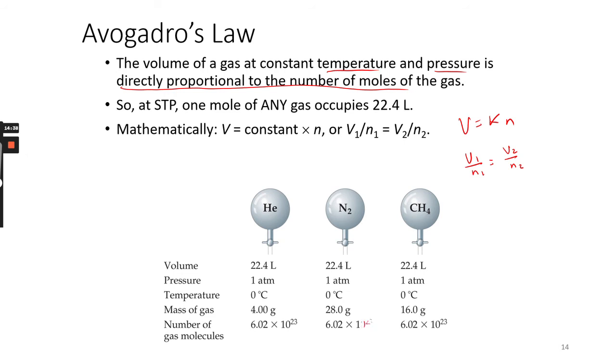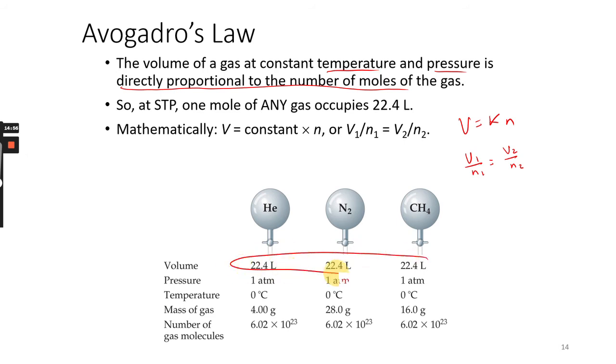Okay? The more molecules of the gas you have, the more collisions, the greater the pressure. Okay? But in this case, we're talking about constant temperature and pressure, that your volume is proportional to the number of moles.